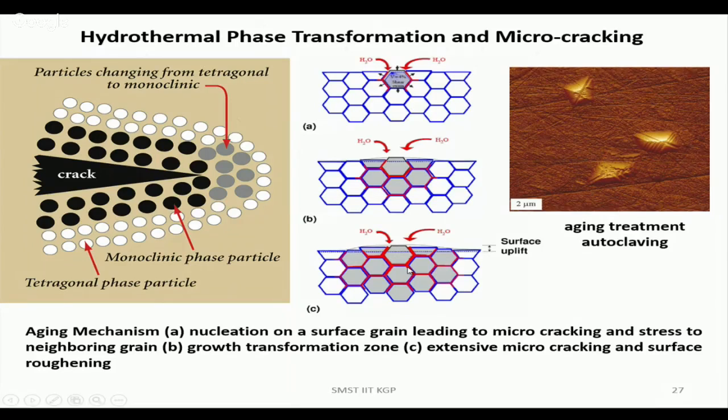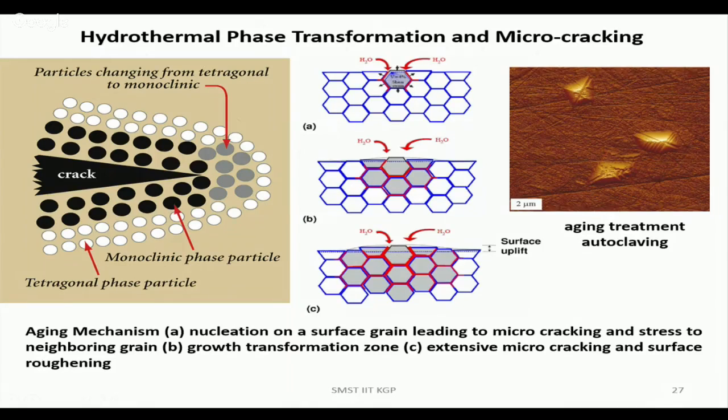In vivo is a hydrated condition with a certain amount of water, and at elevated temperature these grains undergo hydration and eventually spontaneous transformation from monoclinic to tetragonal and tetragonal to monoclinic. And if the monoclinic is transforming to tetragonal, there is micro crack formation or aging. In ceramics, if you have cracks, then eventually the crack starts growing and gives you failure.